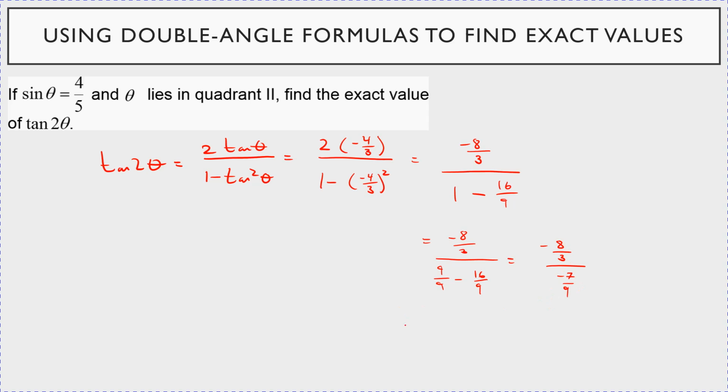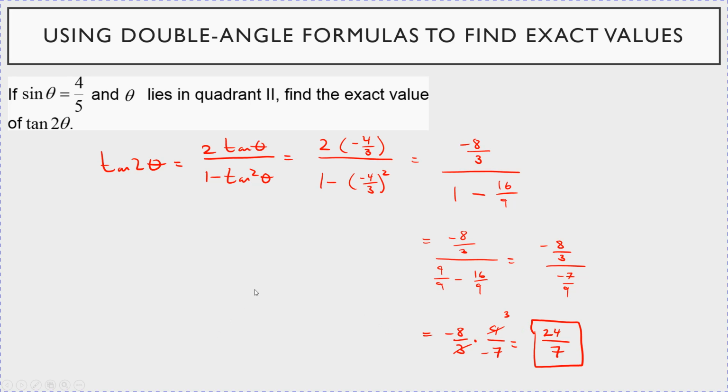So keep, change, flip. Negative, negative is going to be a positive. This 3 will make the 9 a 3. And you get 8 times 3 is 24 all over 7. So it was just going through the algebra there. There's a little bit of a pain, but we got it.